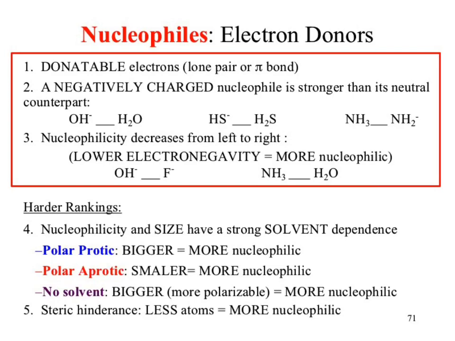Okay? This is an extra fun slide. And by extra fun, I don't like it really at all, but it's got a lot of information on it. Nucleophiles have donatable electrons. Okay? Lone pairs or pi bonds, but for the most part, lone pairs. Okay? They are typically negatively charged. Okay? And if they are negatively charged, they are stronger than the neutral counterpart.